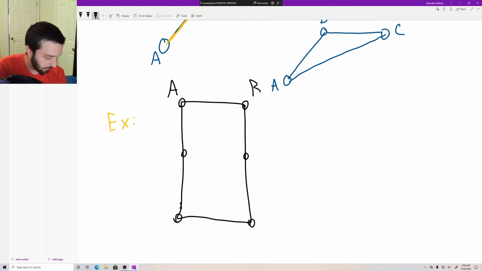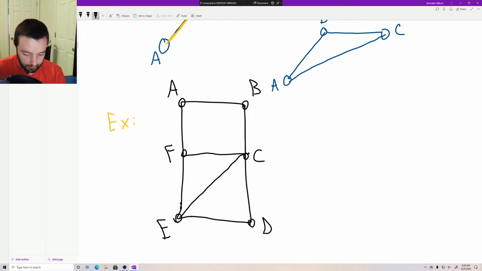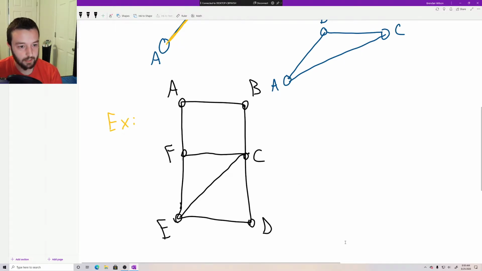So we have A, B, C, D, E, and F. Then we have this edge right here and this edge right here. So all together we have 1, 2, 3, 4, 5, 6, 7, 8 edges. Okay. And then we have 6 vertices. So can we find an Euler path through this? Is it possible to hit every edge while starting and ending at different vertices?